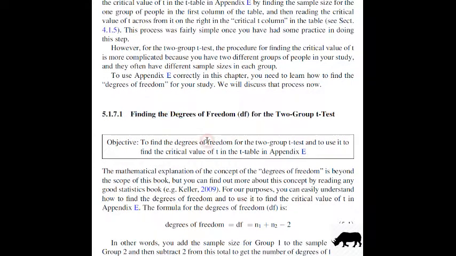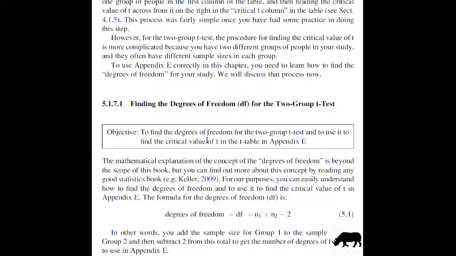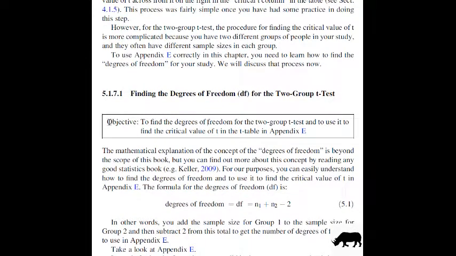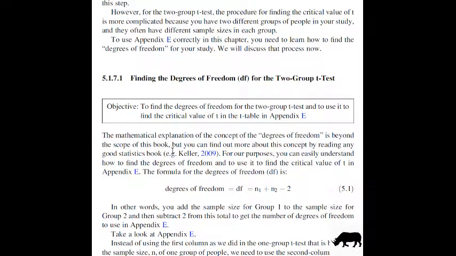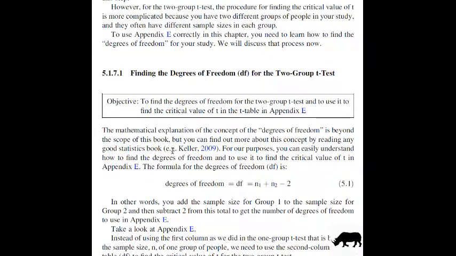Finding the degrees of freedom, df, for the two-group t-test. The mathematical explanation of the concept of the degrees of freedom is beyond the scope of this book, but you can find out more about this concept by reading any good statistics book, e.g., Keller, 2009.